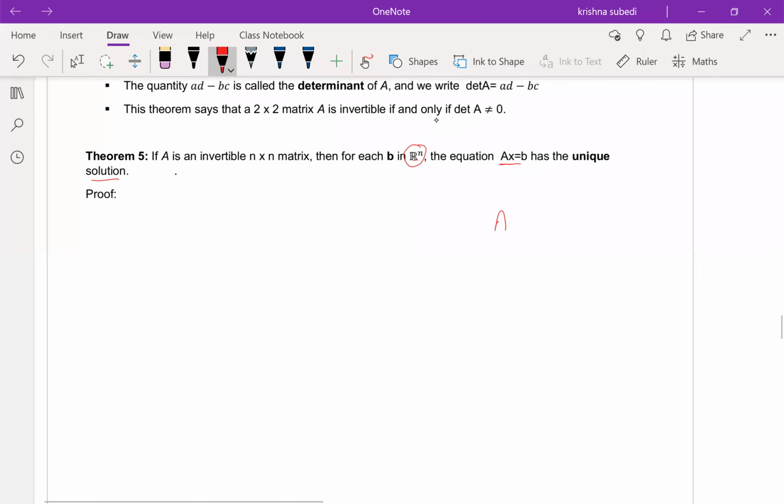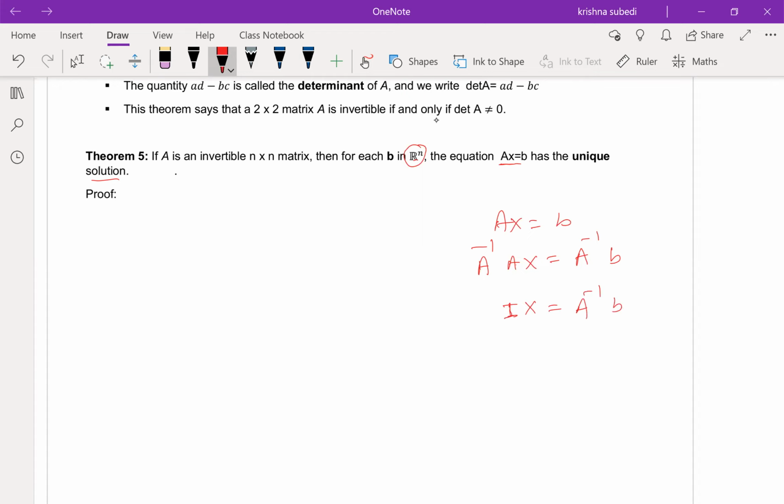So if we have Ax equals b, then you can multiply both sides by A inverse, left multiplication, and then A inverse times A will be I. Okay, Ix equals, I means identity matrix, equals A inverse b.